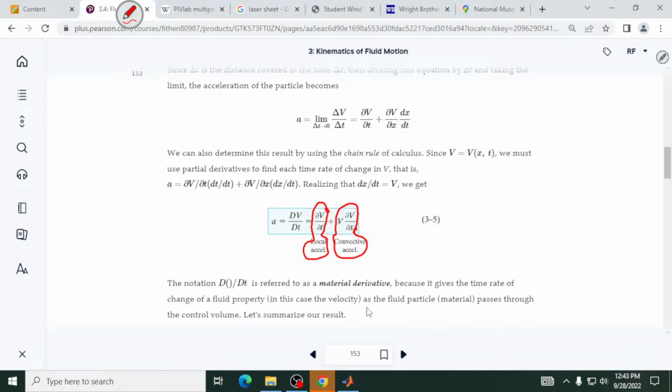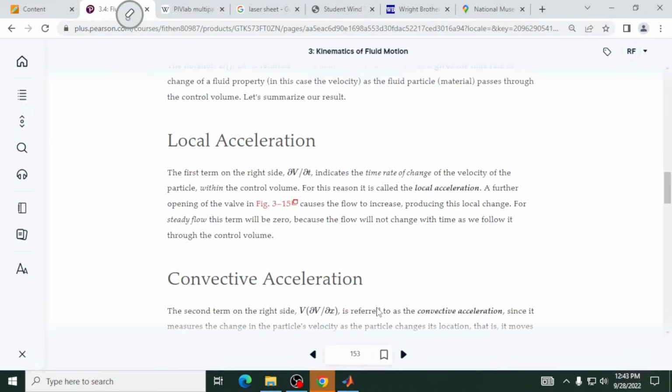And what you notice is this term right here is why you have weird behaviors, because if you look at it, it's non-linear. You have a V term times a V term. So that's what makes fluids so weird. If it wasn't for this term, you could use superposition on everything. But you can't use superposition because it's nonlinear by definition.